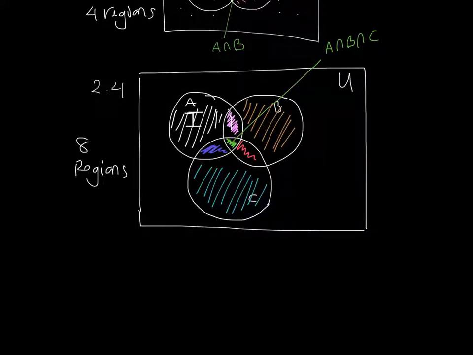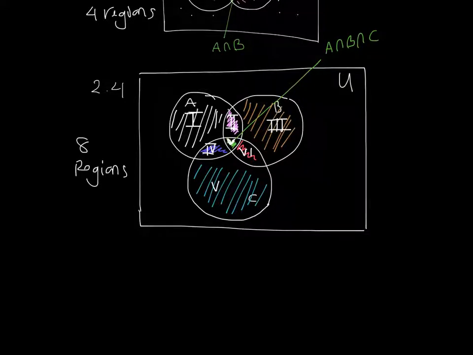And then they call this region 2, the light purplish one. Region 3 would be that orange. Region 4 would be this guy. Region 5, they're calling that the intersection. Region 6 is this pink or reddish.